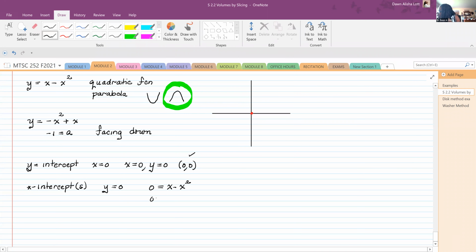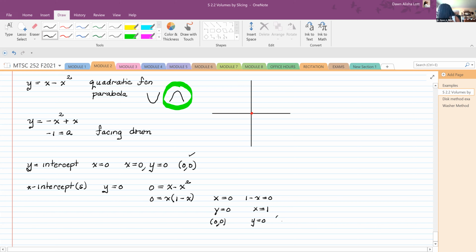I can take and factor out an x and get x times 1 minus x. And so now I see either x is 0 or 1 minus x is 0. So if x is 0, we already said y is 0. So we found that point. And if 1 minus x is 0, that says x is 1. And if x is 1, then y, believe it or not, is also 0.